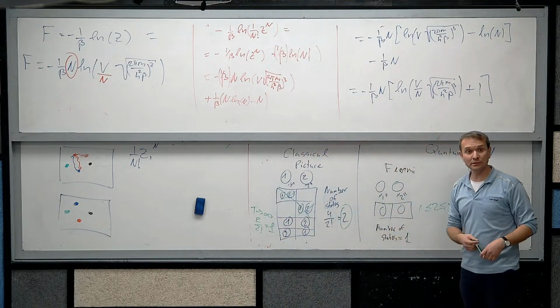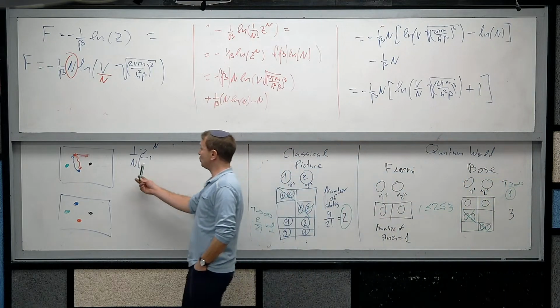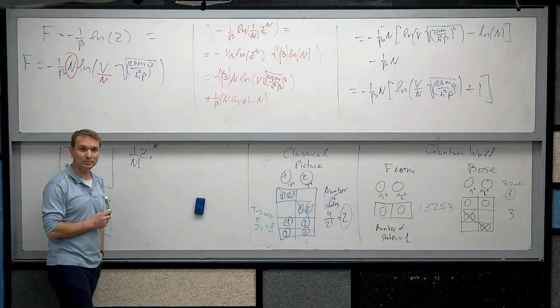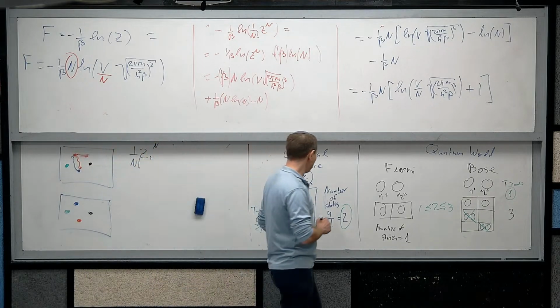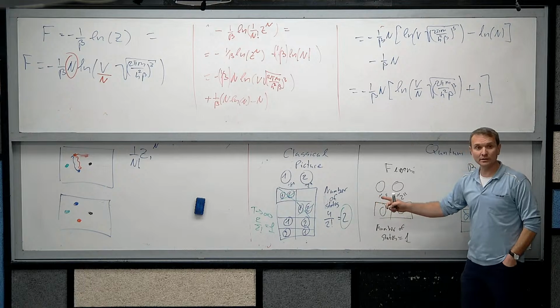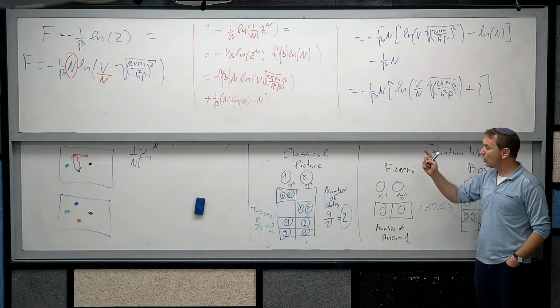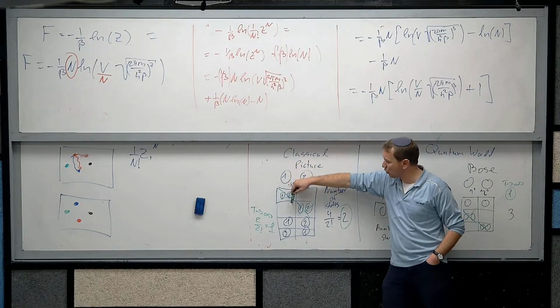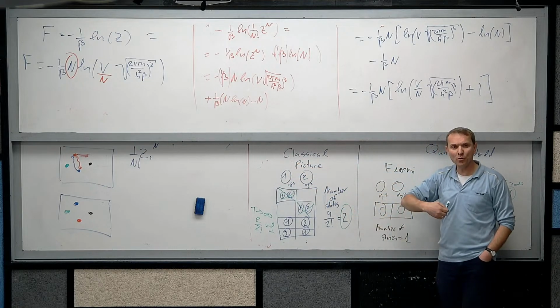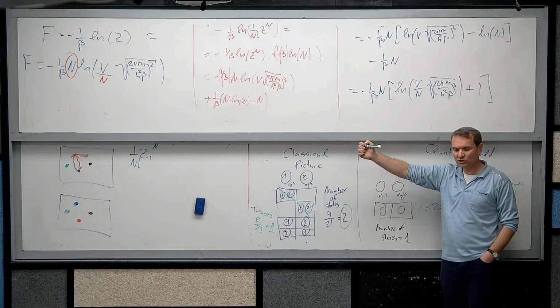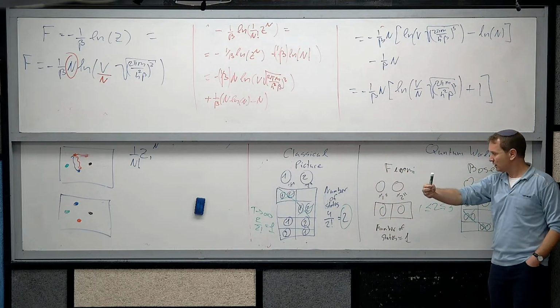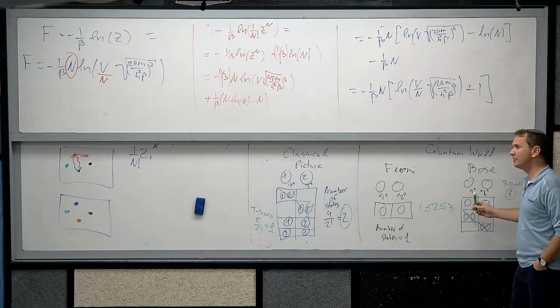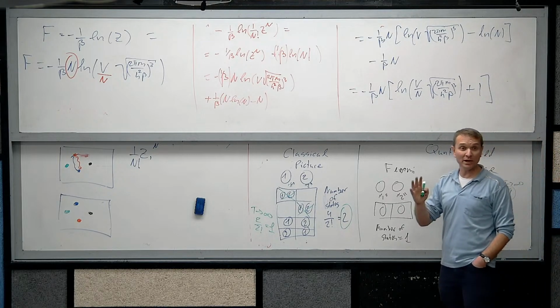And miraculously, this 1 over n factorial that Gibbs inserted does exactly the same. It omits all the situations when the particles occupy the same state, and when you omit those, you get exactly what you expect from Fermi and from Bose. So this is why it works.